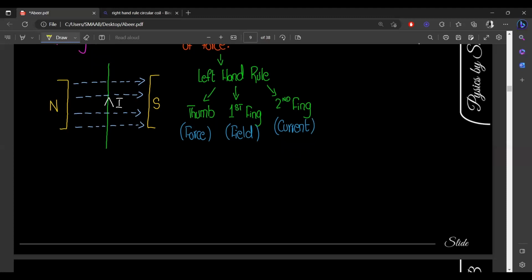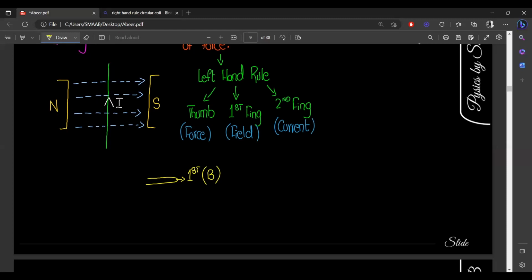And just open the first finger. So the first finger will be in this direction, pointing in the direction of magnetic field, because we know that the magnetic field is moving from left to right. So we just open our first finger and that will indicate towards our right hand side.